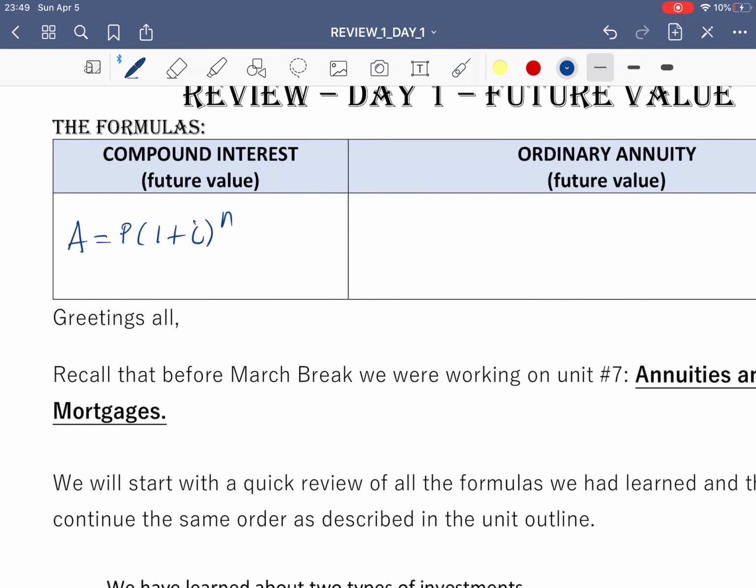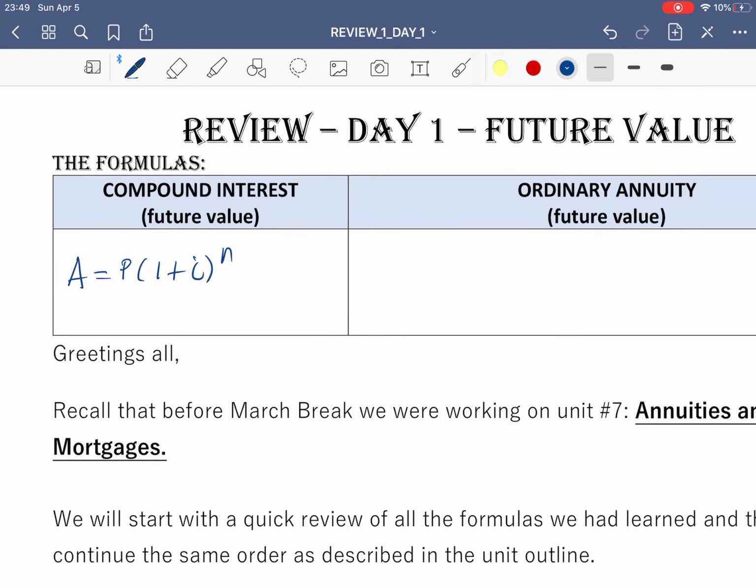So when we say future value, actually, we mean the accumulated amount of money A. In a formula, this is indicated by the letter A. So accumulated amount of money or future value means the same thing.